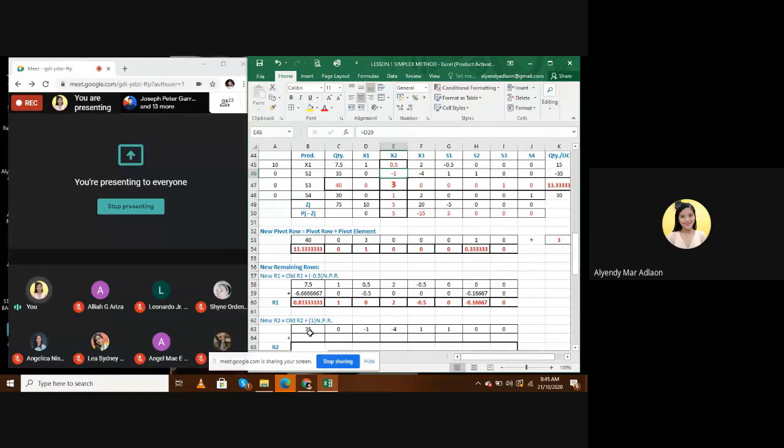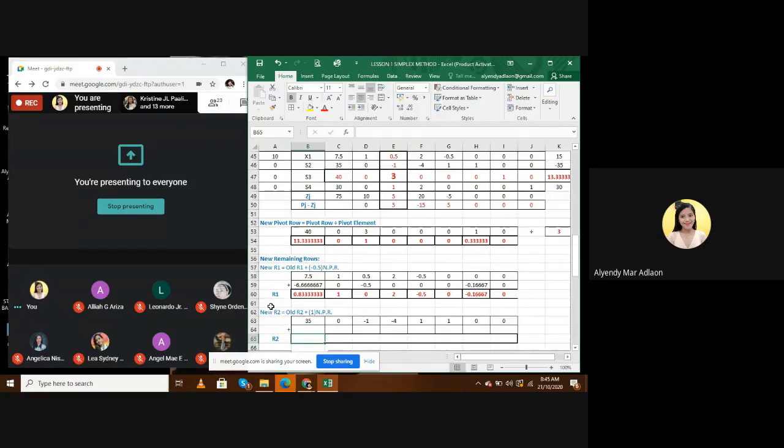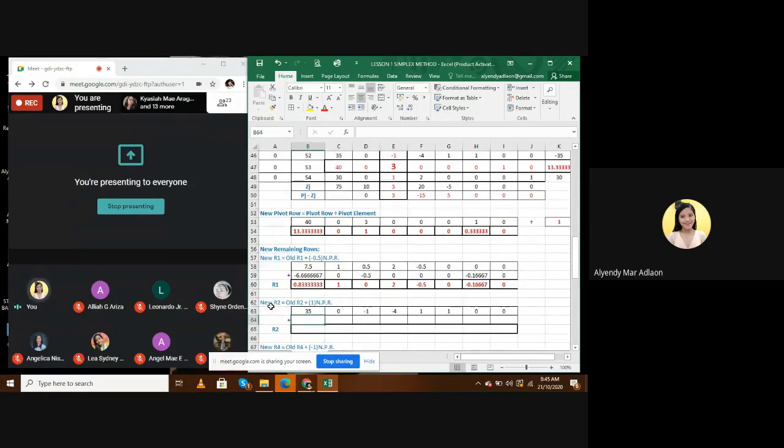So later ha, pag mahuman na to ang third tableau, I'll accept questions sa ako na may pangutana. Okay, so unsa na to? Where are we now? So we have the new pivot row of 13.333 multiplied by 1. No? So, pwede na dili mag-compute. Multiplied by 1. Copy na lang na diretsyo.